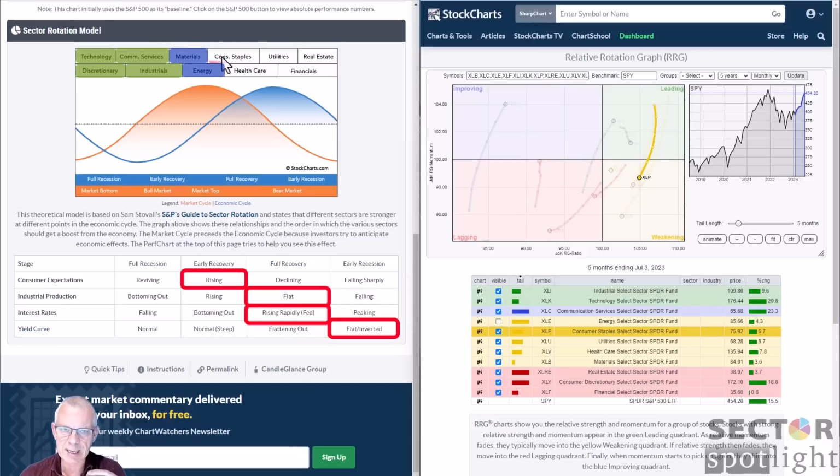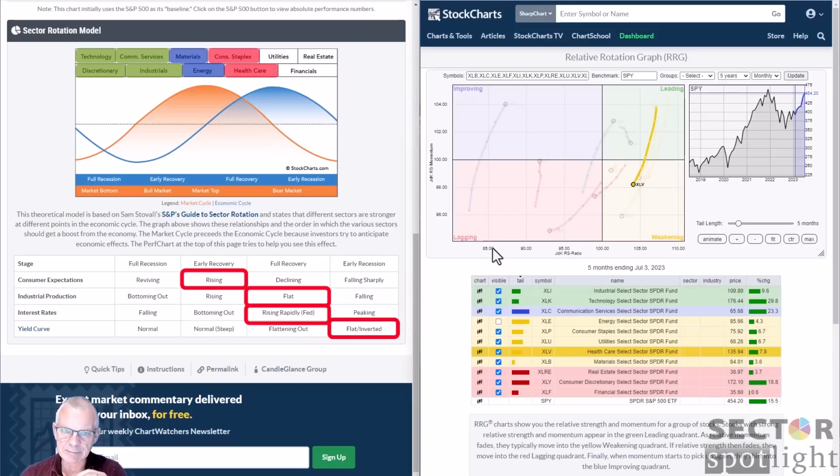So we're going to put that as an underperformer. It's a relative underperformer versus the S&P 500. And if we look at healthcare, because this is where the defensive sectors are showing up, we've got the same image. We've got healthcare moving rapidly from leading into weakening and starting to move towards lagging. So healthcare also gets an underperformance judgment.